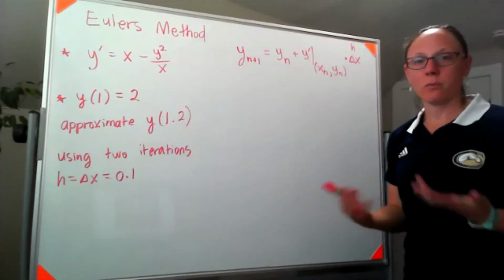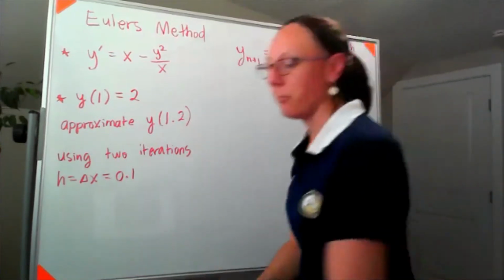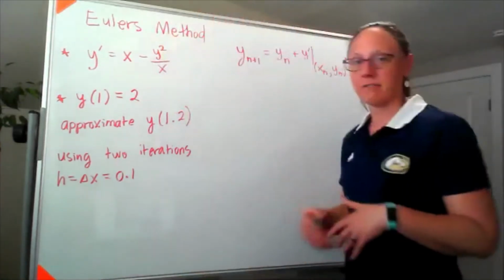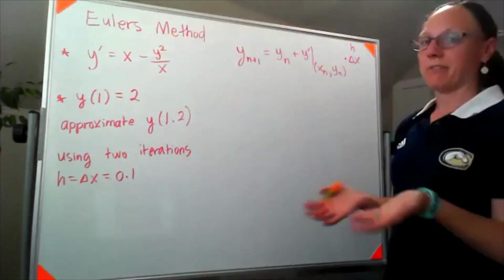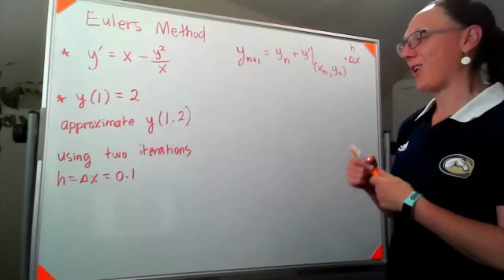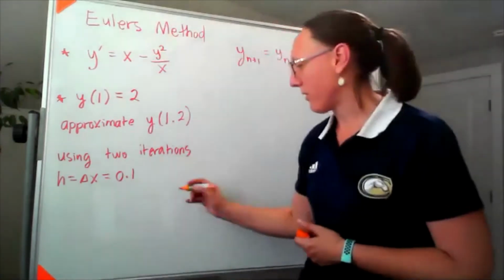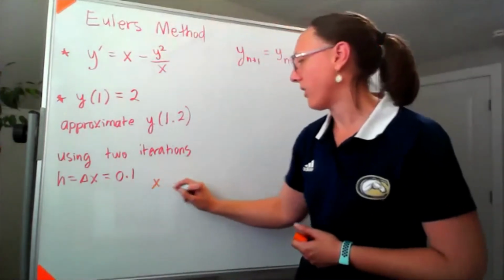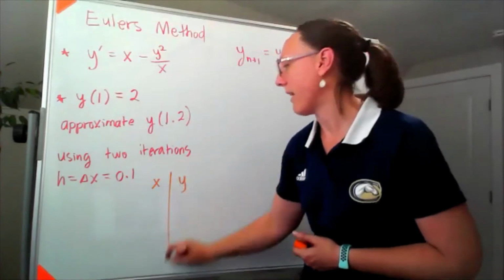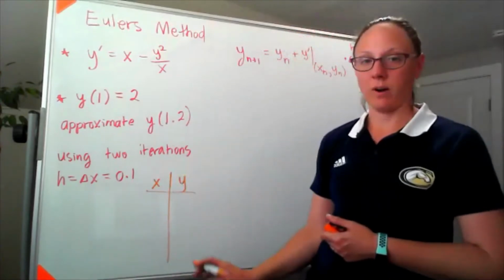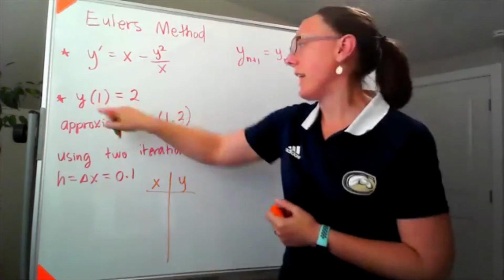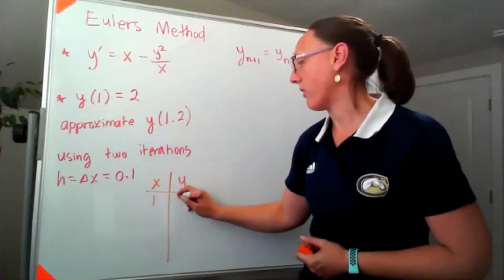So just to go through the motions on this problem, for me, it's easiest to set up a table. But if that doesn't work for you, that's okay also. I'm going to have my x values and my y values just to keep track of where I'm at. So we're starting at an x value of 1 and a y value of 2.